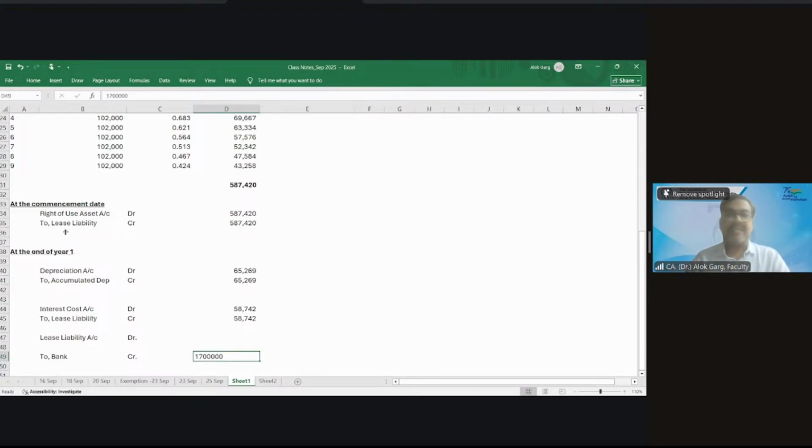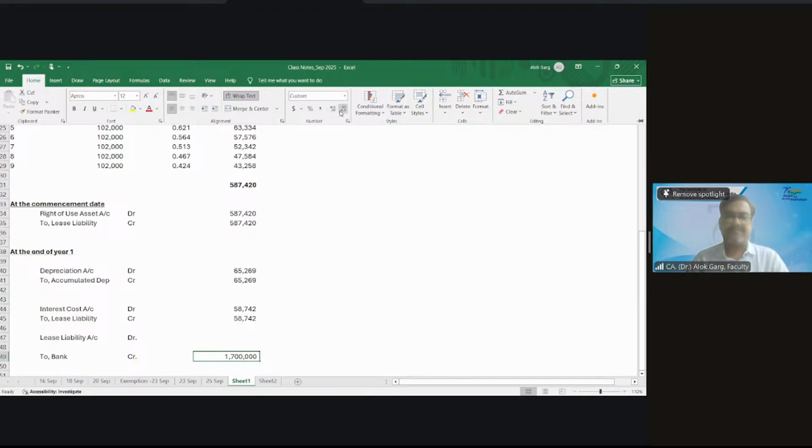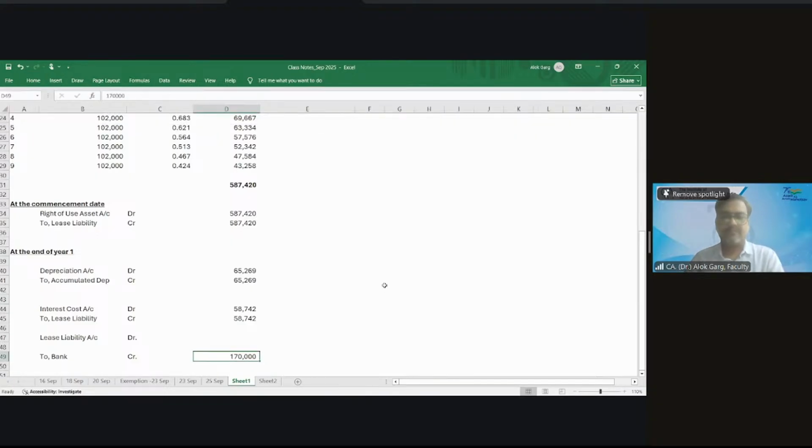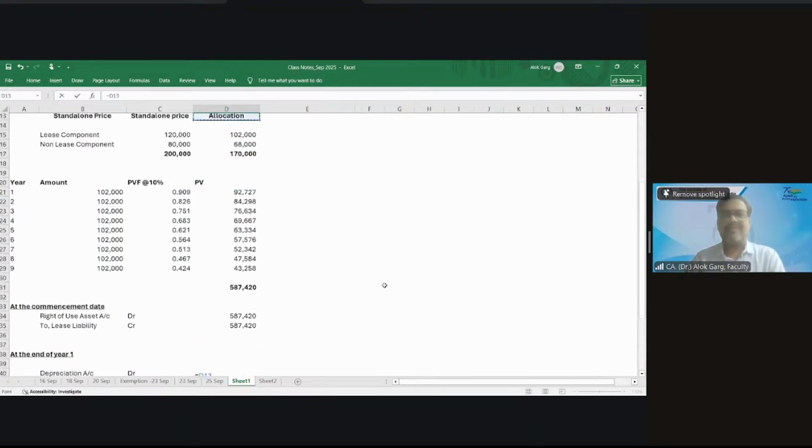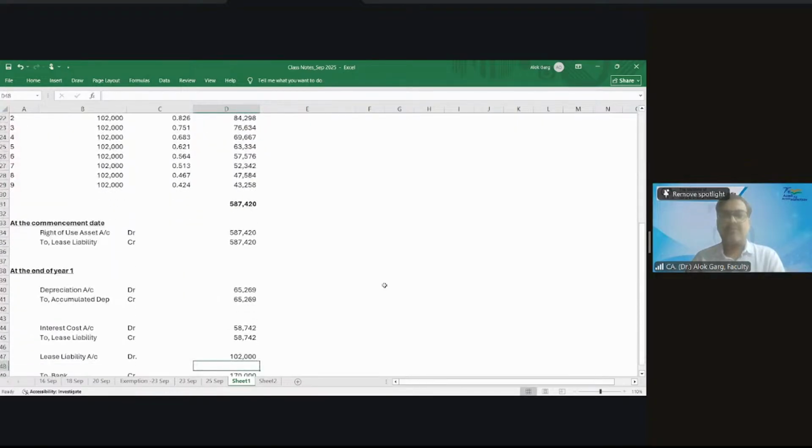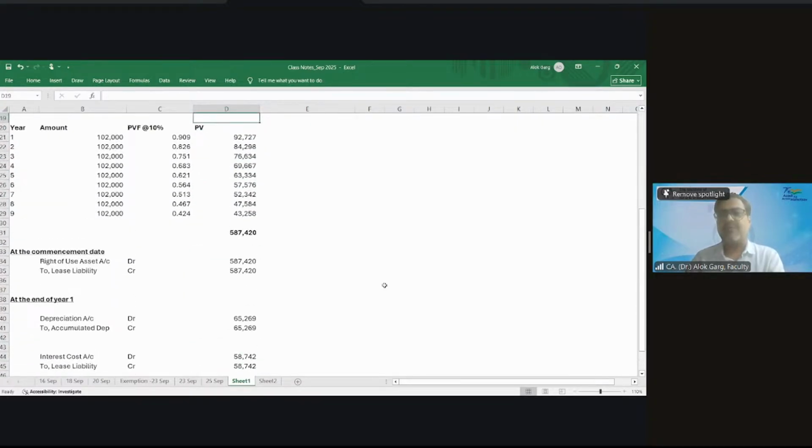But should I debit my lease liability by 1,70,000 also? No, sir. Lease liability is only that portion alone, the balance 1,02,000. The lease liability debit is 1,02,000 because this is something which you have discounted.